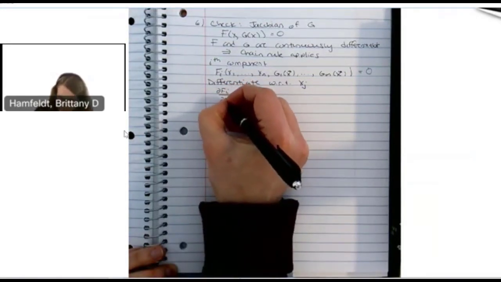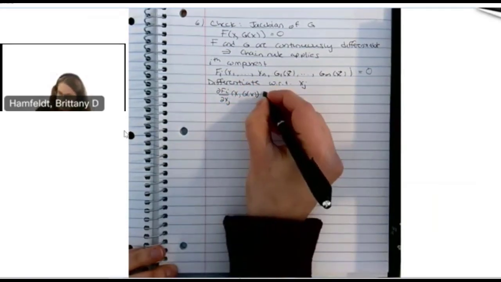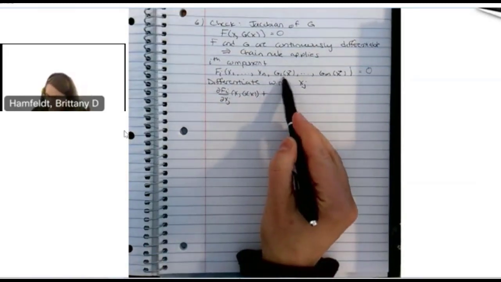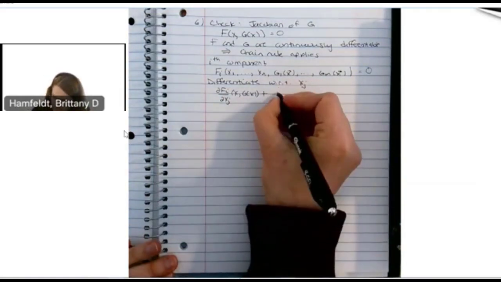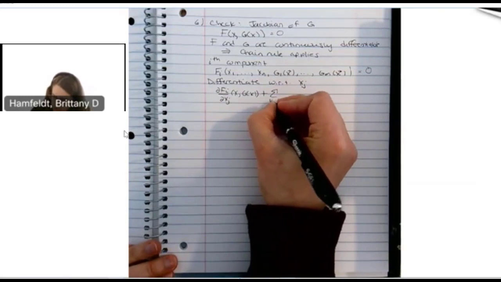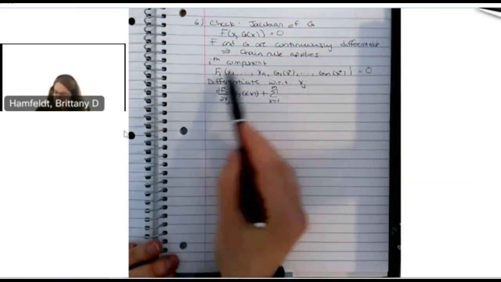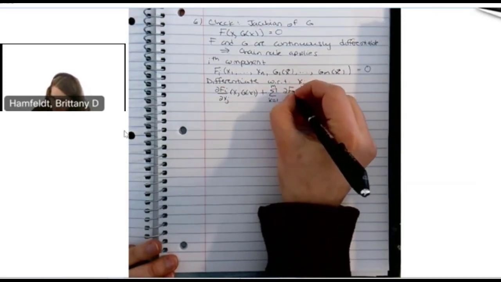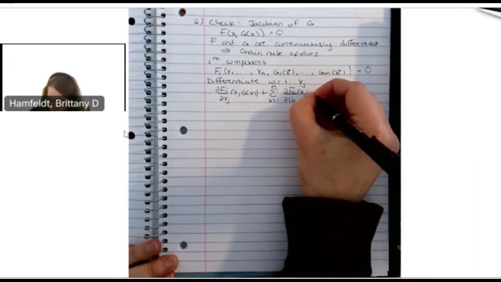dfi by dxj, evaluated at x and g of x. Chain rule has me continue to run through here. Now, all of these g's do potentially depend on xj. So we need to run through all of these different g's. I'm going to take the derivative of fi with respect to each one of these different components, so with respect to the kth u component, evaluated at the right place.